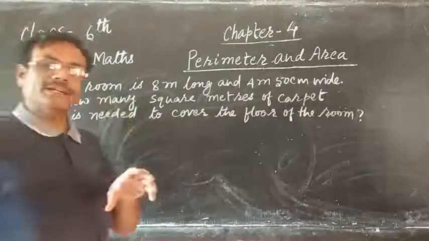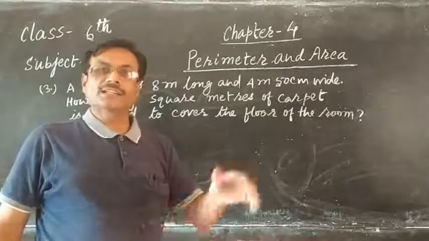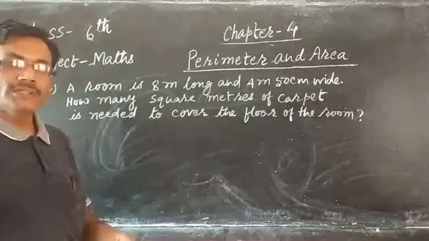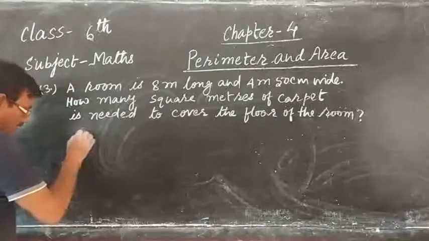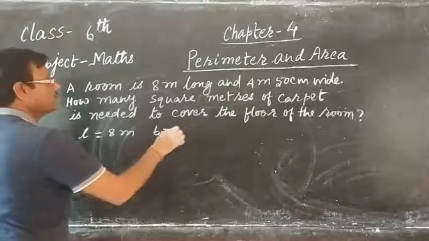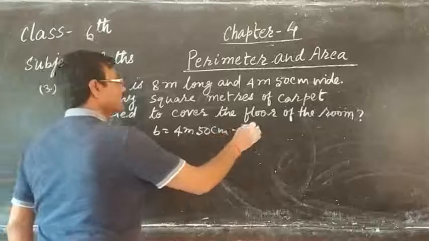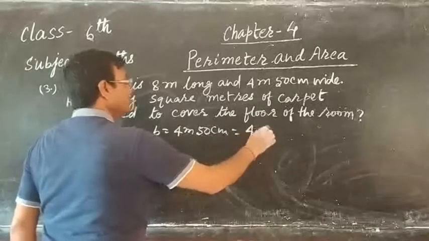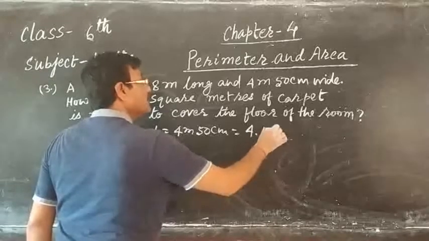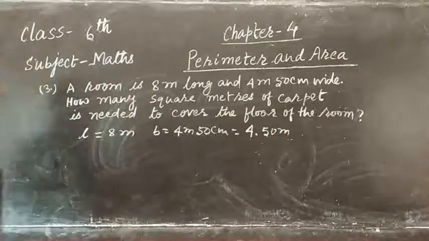Now area of carpet is equal to area of floor. And what will be the area of that floor? The same as the area of that room. So first of all we have to get the area of the floor. We write here, length is given 8 meter and breadth is given 4 meter 50 centimeter. Now we convert into meter by giving decimal, 4.50 meter, or simply you can say 4.5 meter.